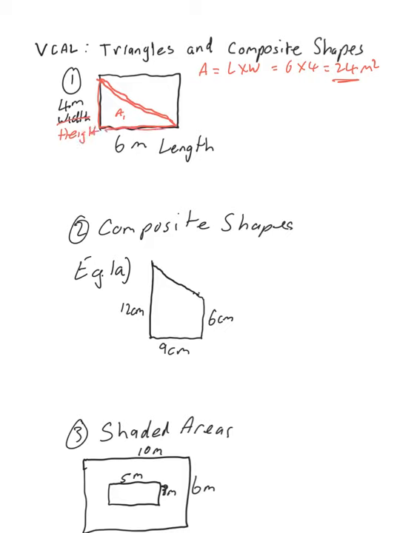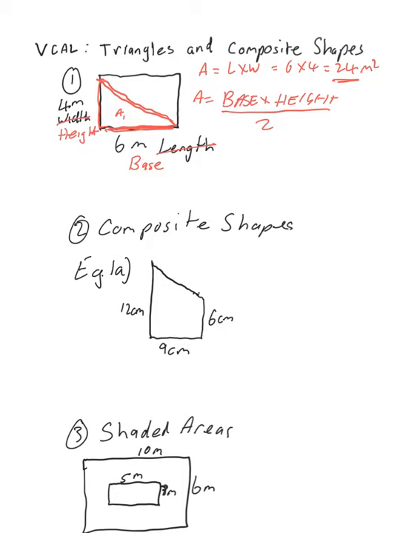And instead of this being the length of the rectangle, it's the base of the triangle, so that we know the area equals the base times height, which are exactly the same as the width and length of the rectangle, but we have to divide by 2.